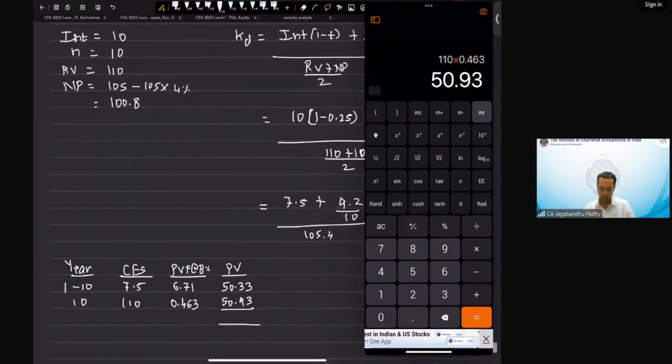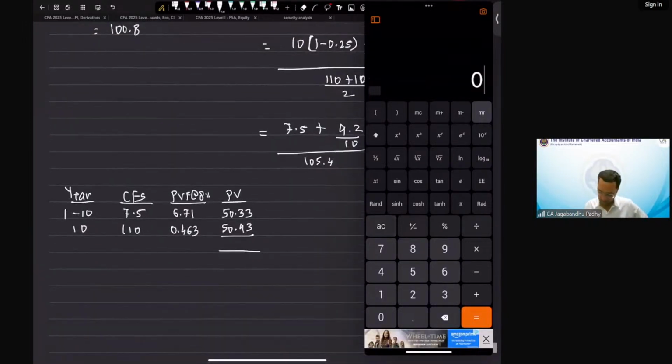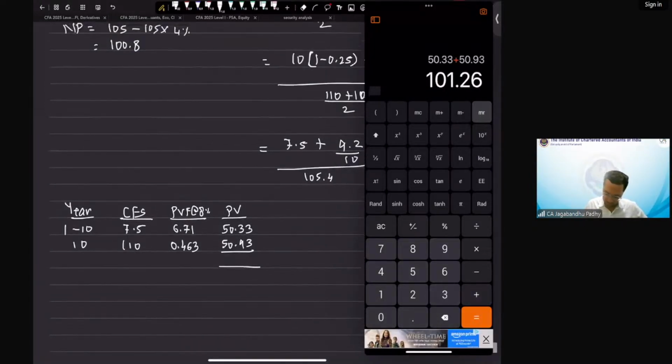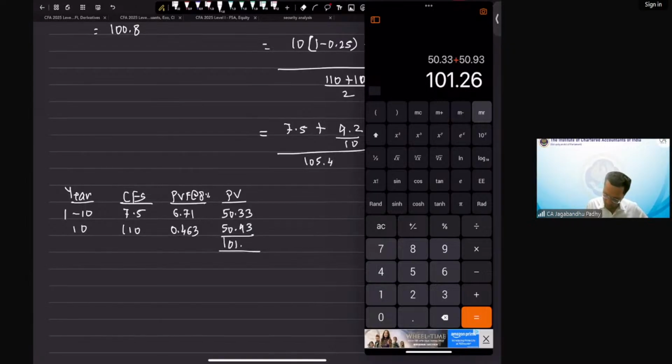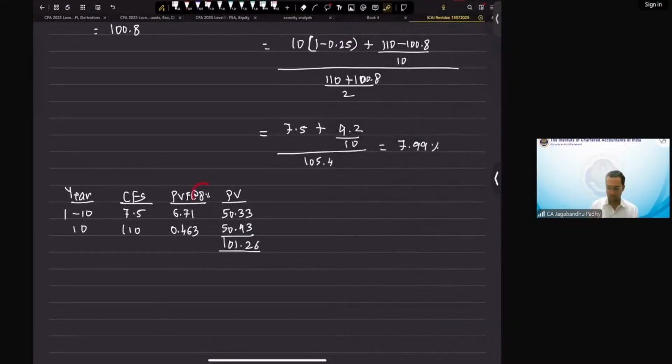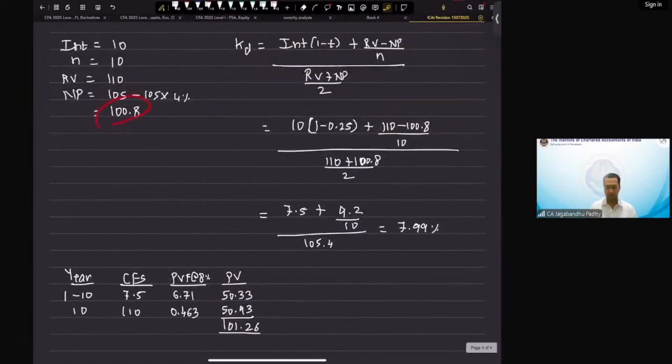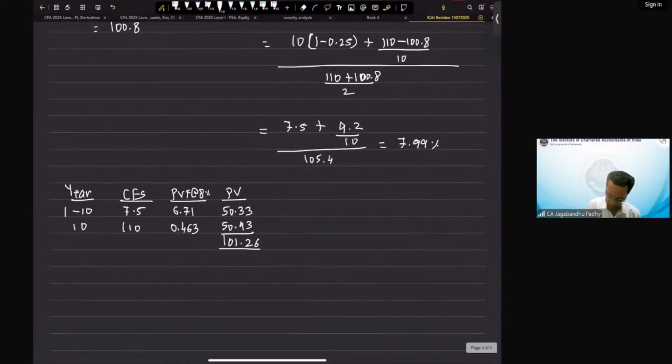If we take a total, 50.33 plus 50.93, we're getting the answer as 101.26. When I'm discounting this at 8%, I'm getting a higher value, 101.26, whereas the value that we need is 100.8.